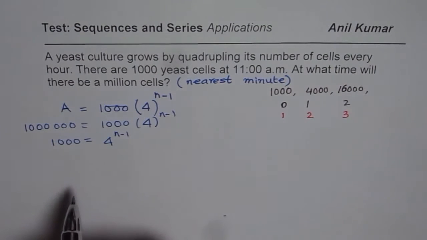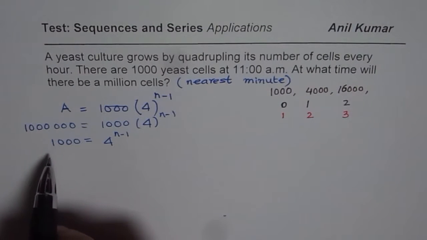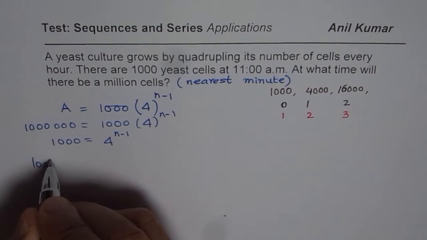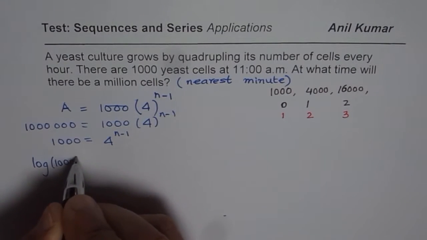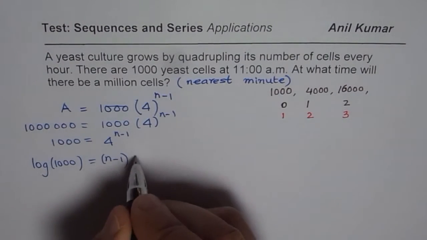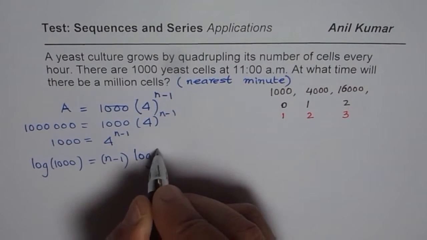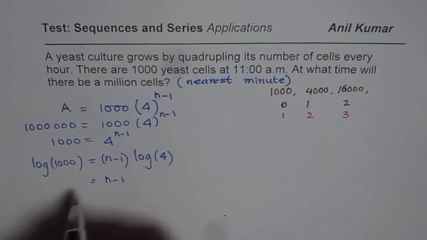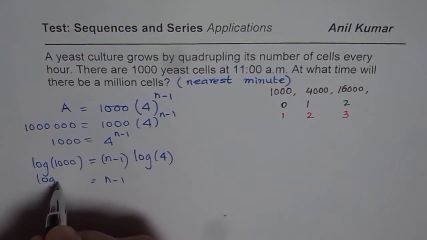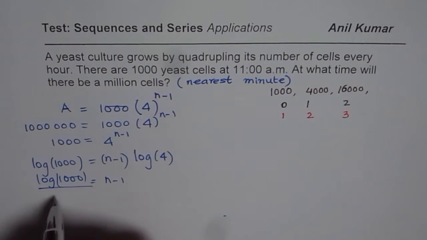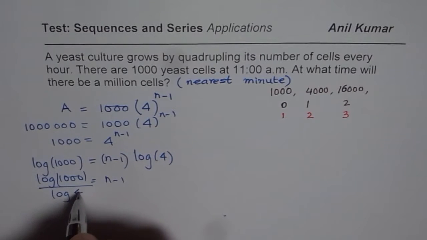Now to solve this equation, we take log on both sides. We say log of 1000 equals, when you take log, you get n minus 1 times log of 4. That is the power rule. Is it okay? And then from here we can write n minus 1 equals log of 1000, to the base 10, so this will be 3 anyway, divided by log of 4, right?